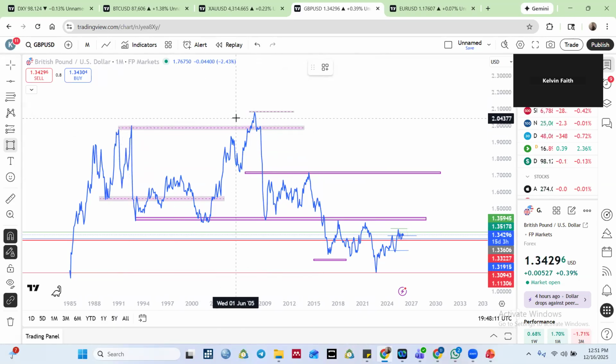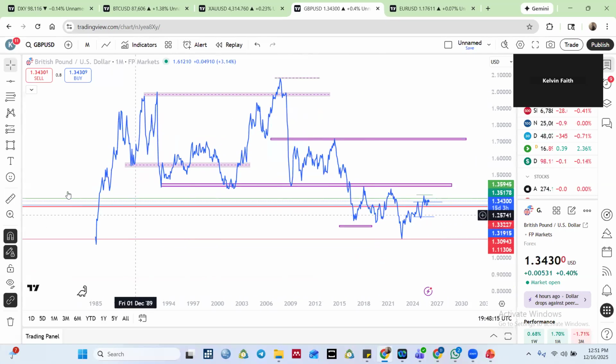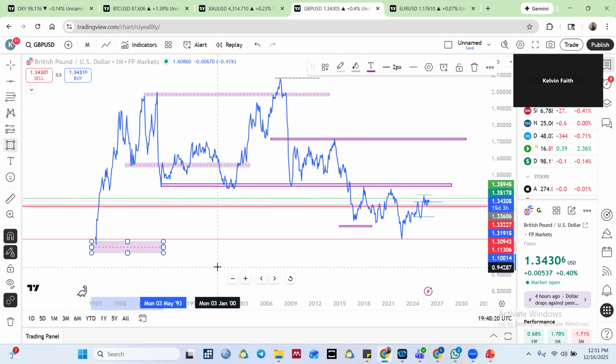So that is a break of structure. It breaks this high, but it is failing to take this low out. Do you get my point?